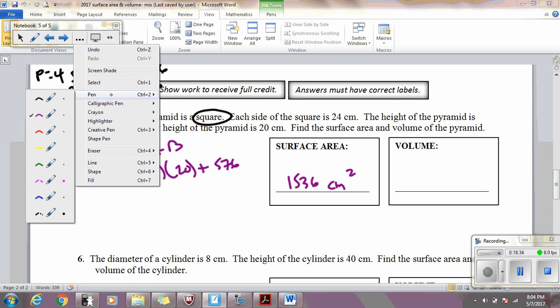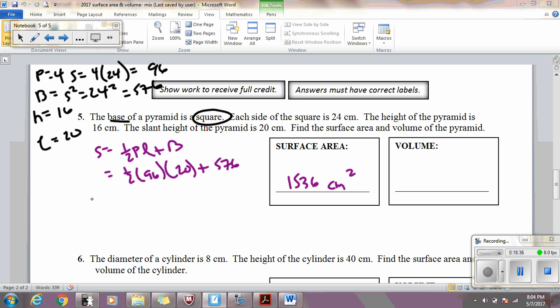Now the volume for a pyramid is 1/3 BH. So that's 1/3 times 576 times 16.